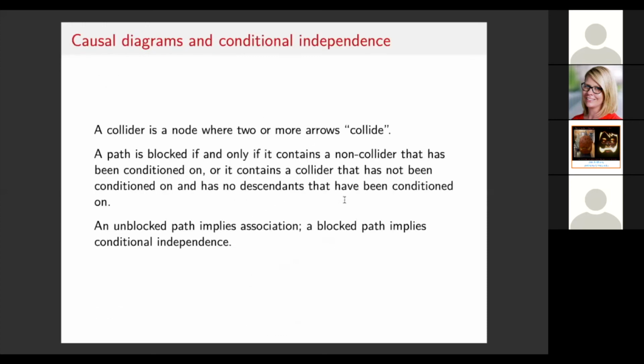A path is blocked if and only if it contains a non-collider that has been conditioned on, or it contains a collider that has not been conditioned on and has no descendants that have been conditioned on. This is a mouthful. But the main thing to note is that an unblocked path implies association. A blocked path implies conditional independence.